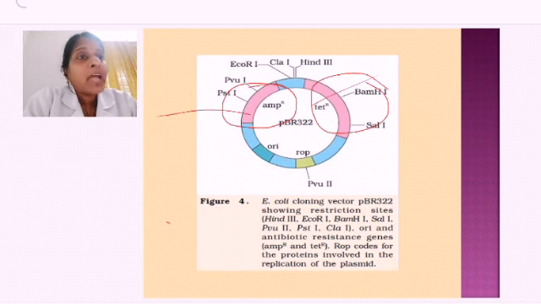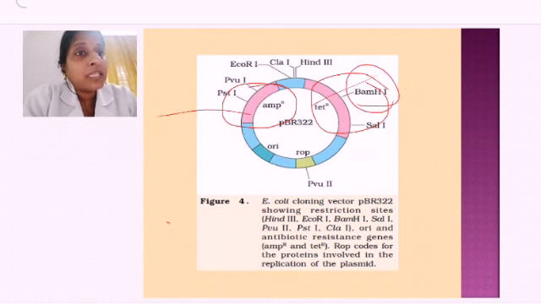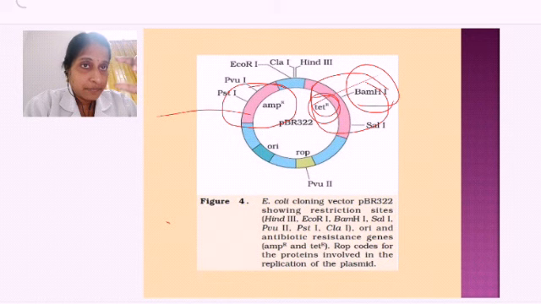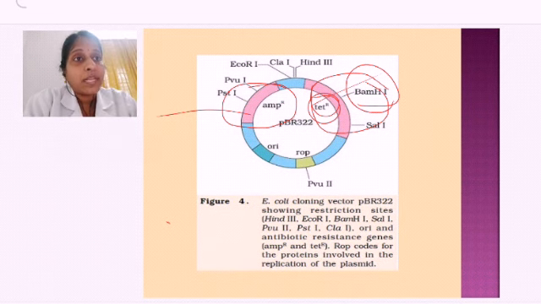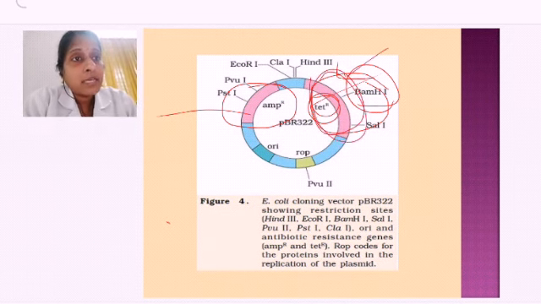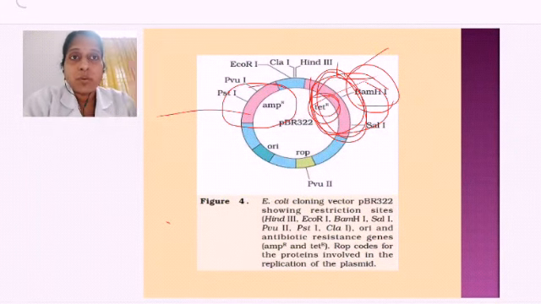For example, I am selecting BamHI, this tetracycline resistant gene, that is the selectable marker, that I am suppressing, I am taking it out. So when I am adding a restriction enzyme, this tetracycline resistant gene sequence is cut. Okay, it is removed.